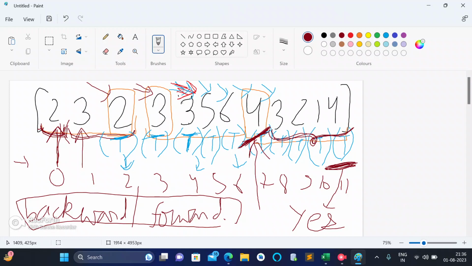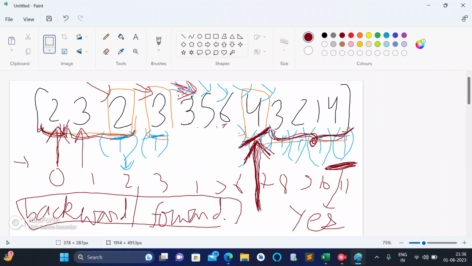If I say this 4 is my length, then I must say the 6, which is present at index 6, must be true.